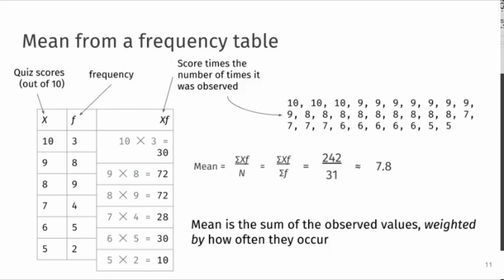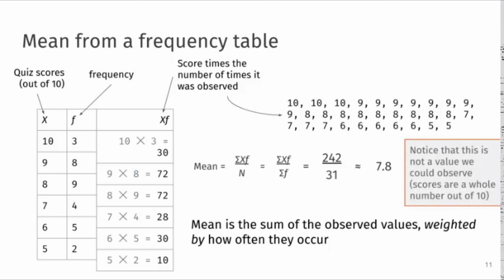The mean, sure, it is the sum of the observed values divided by the total number of observations, but particularly in situations where we have repeats of the same observation, it's as if a repetition is lending that observation a little bit more weight. So it pulls the mean in that direction. And we'll see that again in, I believe, the very next slide.